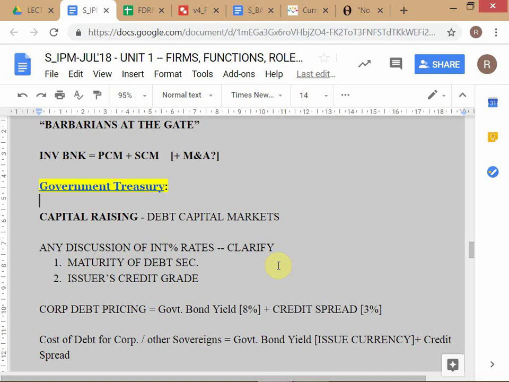No, that's not my question. Is the question not clear, or you don't know the answer? Let me make it theoretical, without giving an example. What are the components that constitute the corporate bond yield? This is called the all-in yield.